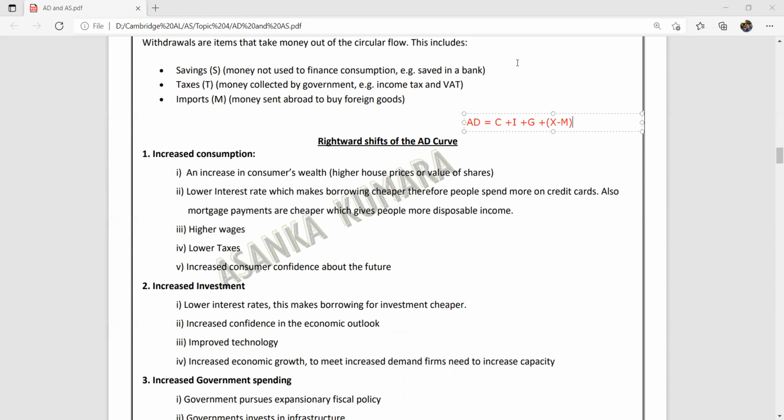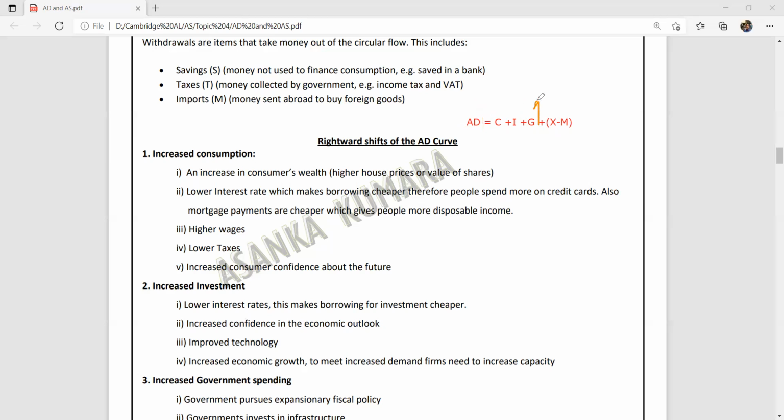For example, consumption, it is called C. If consumption increases, it is on the right side of this equation, so necessarily the left side will also increase. Whenever investment increases, it is on the right side, and as usual, aggregate demand in this formula will also increase.